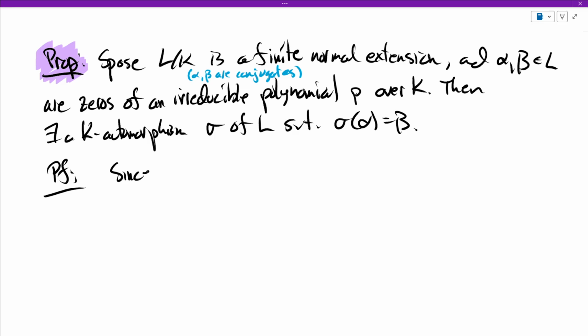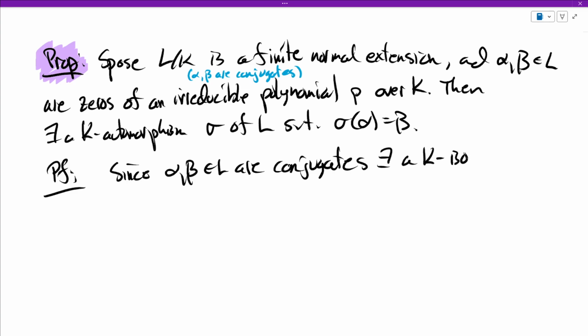Since alpha and beta are conjugates, there exists a K isomorphism tau from K adjoint alpha to K adjoint beta. Right? There exists an isomorphism between these that fixes K. Let's actually not call it tau.